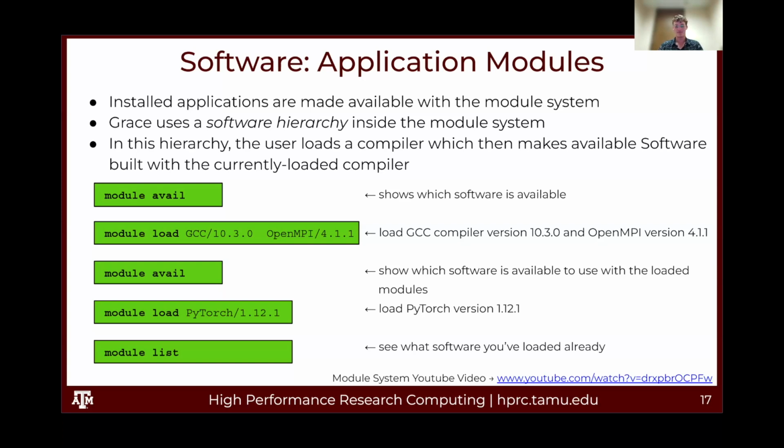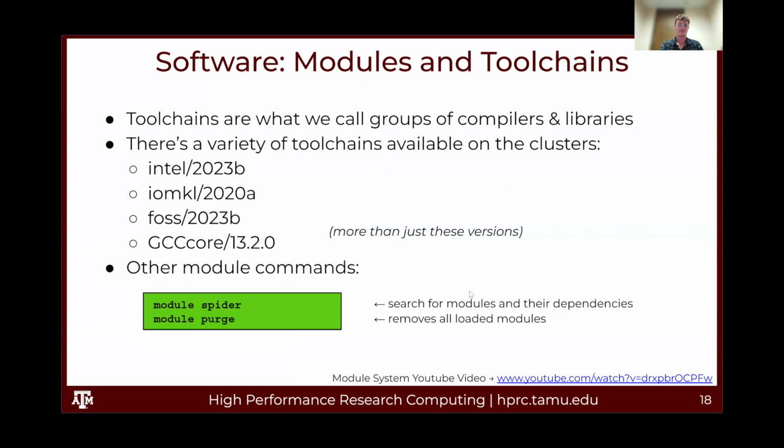That's how most software works. A lot of software, in order to use it, you need to load certain modules before it. And I'll demo this for y'all so that y'all can actually see it being used.